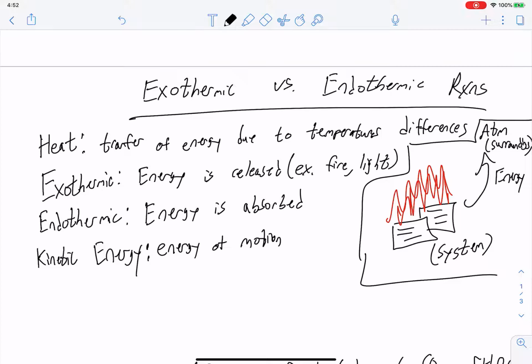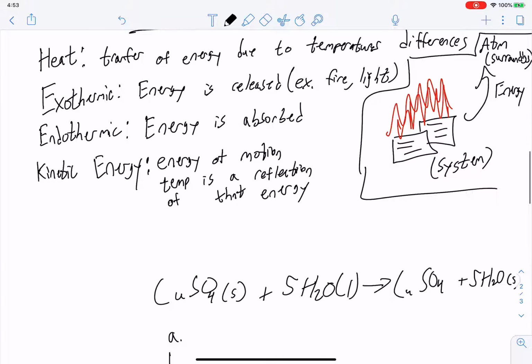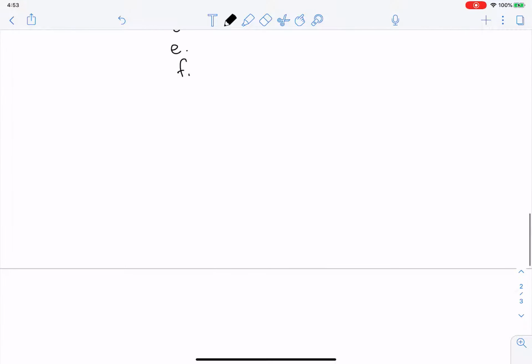More temperature means we have more molecules moving at a faster rate. Energy of motion, and temperature is a reflection of that energy. Okay, so we'll get to this equation in a second. That's one on the handout.